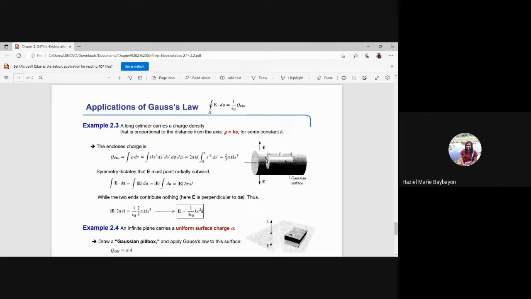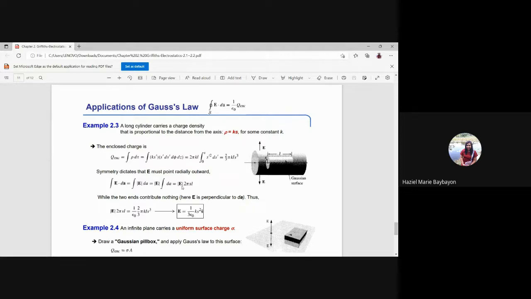As you can see, if you unroll the cylinder, its body becomes like a rectangle. Its width is equal to the circumference of the circle, which is 2 pi S, times the length of the cylinder. So you have 2 pi S times L. That is the area of the body of your cylinder. Okay, I hope you can imagine it, class.